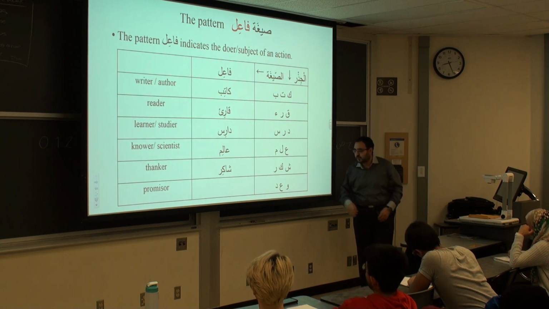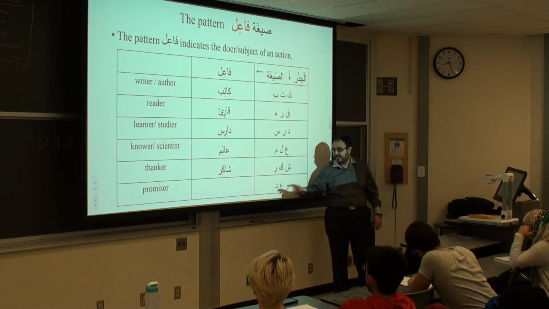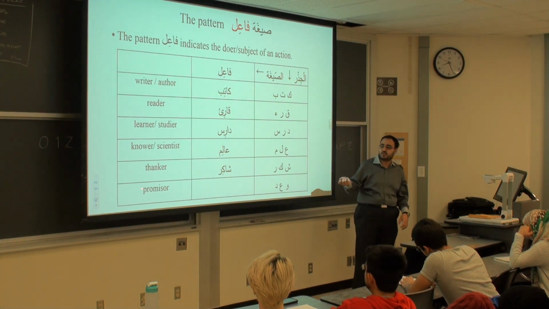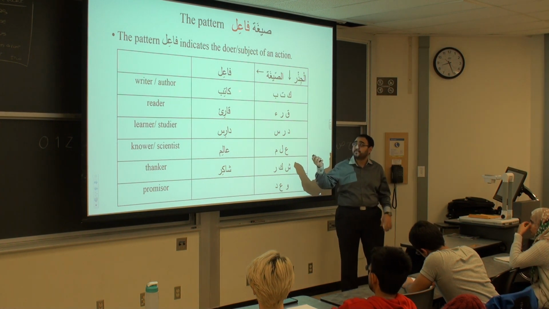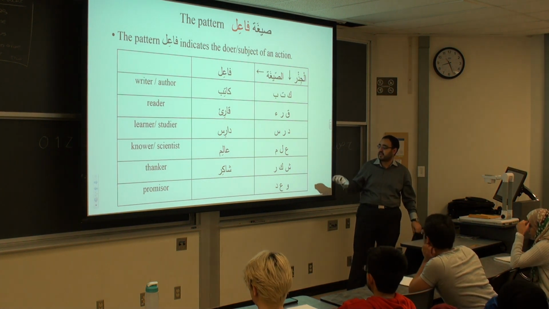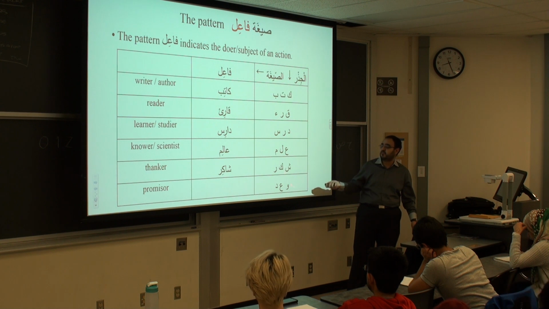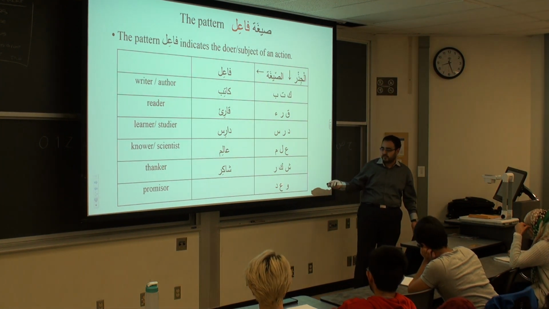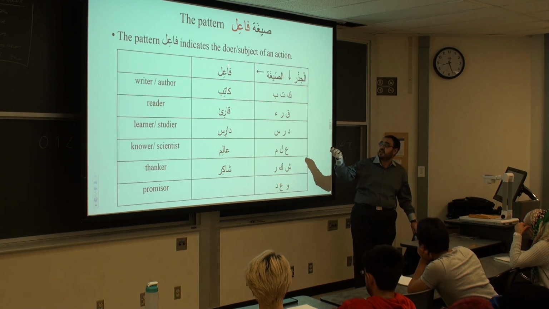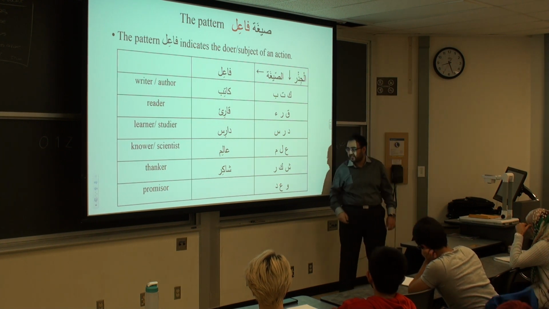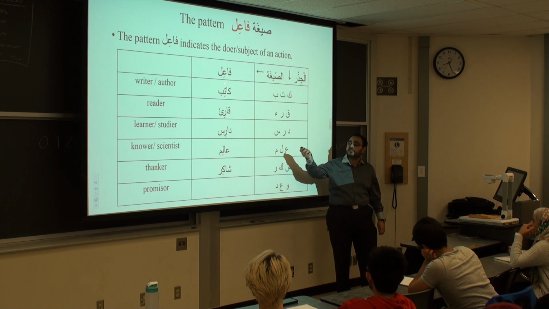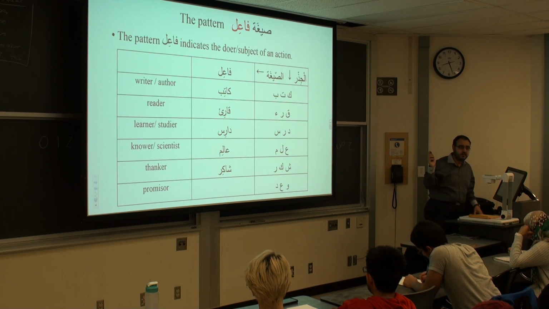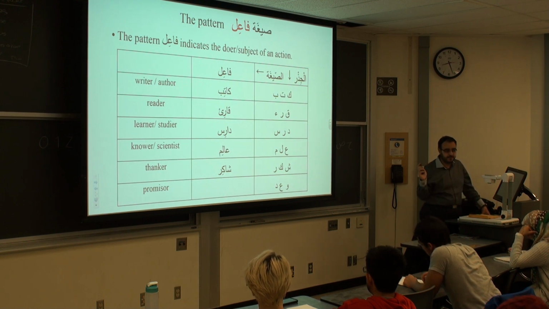The root waw, ayn, dal has to do with promising. So wa'id will be the promiser. It's formed again by replacing the fa with the first letter of the root, the waw, the ayn with the second letter, which is the ayn, the lam with the third letter, which is the dal, and adding the alif and the kasra, so it will be wa'id. Any questions about this pattern?